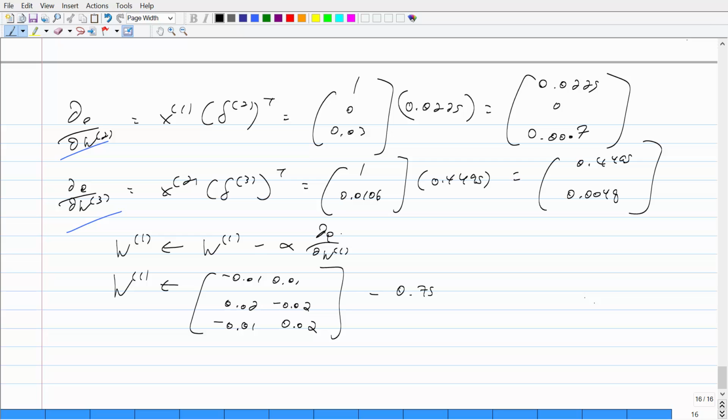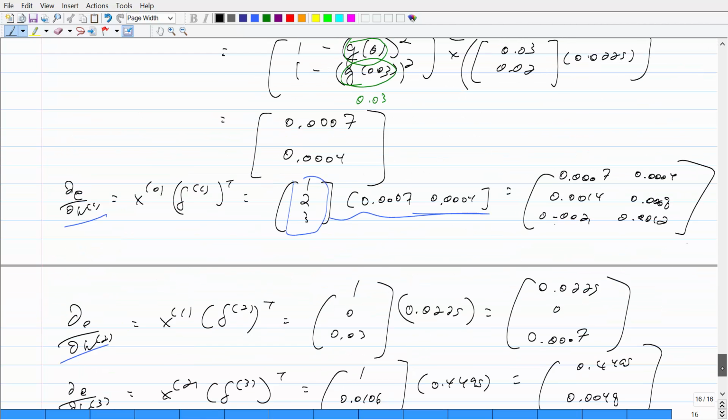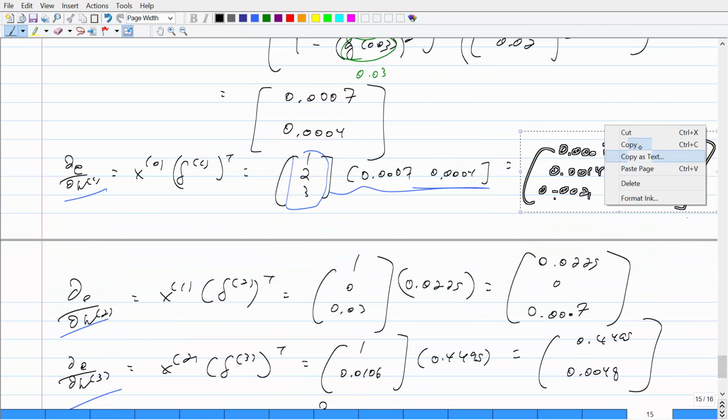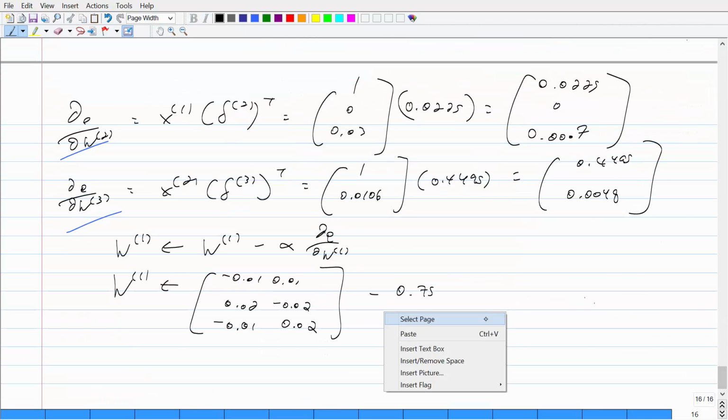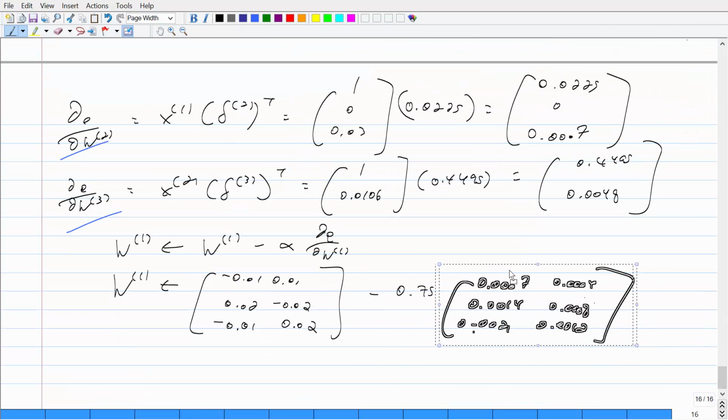And then you just simply take this white matrix that you calculated from above and multiply that by the learning rate. So I'm just going to copy that and avoid unnecessarily writing things too many times.